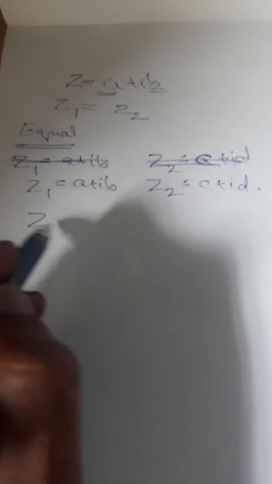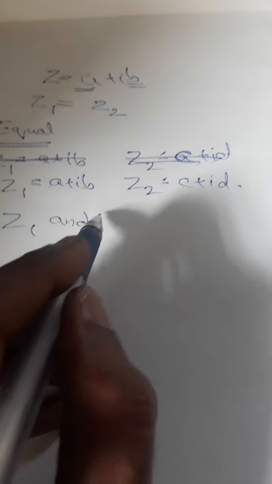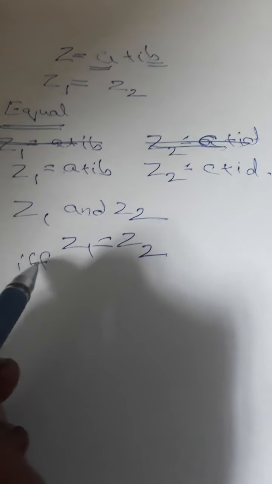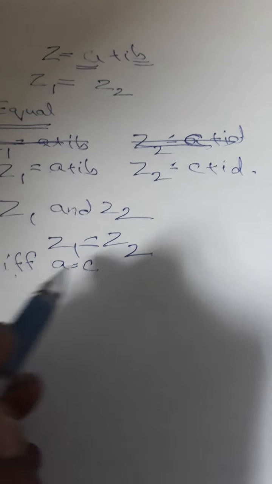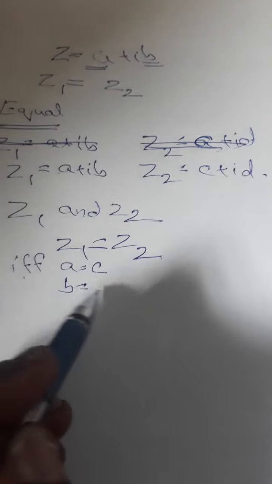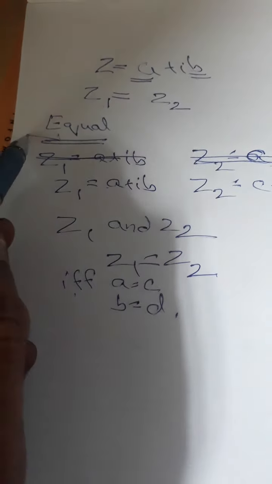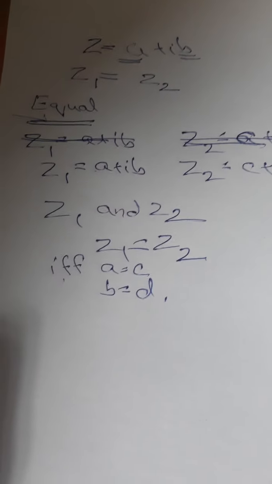Then these two complex numbers are said to be equal, which I denote by z1 equals z2, if and only if a is equal to c and b is equal to d. Then only you can say that these two complex numbers are equal.